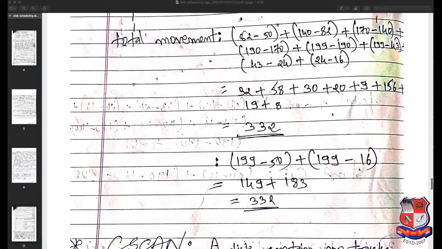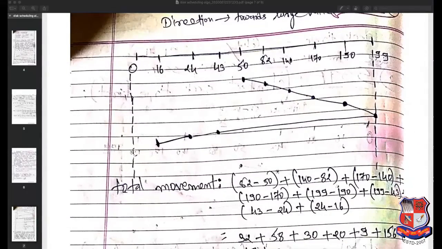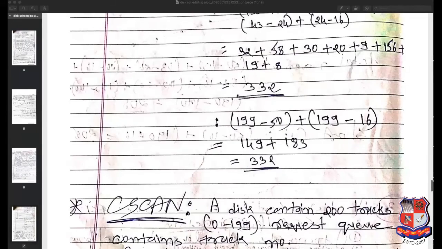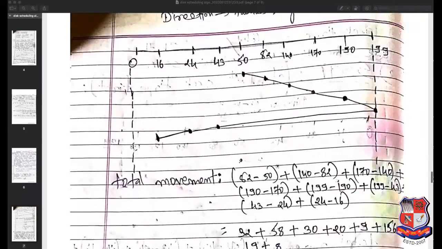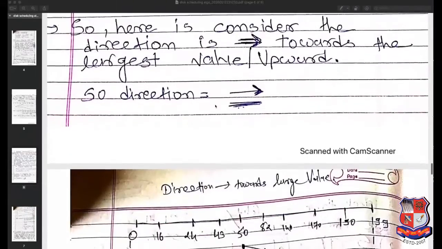Okay, so that is the SCAN disk scheduling algorithm. My next disk scheduling algorithm is C-SCAN, circular scan. I will explain C-SCAN with the same question as the SCAN disk scheduling algorithm.